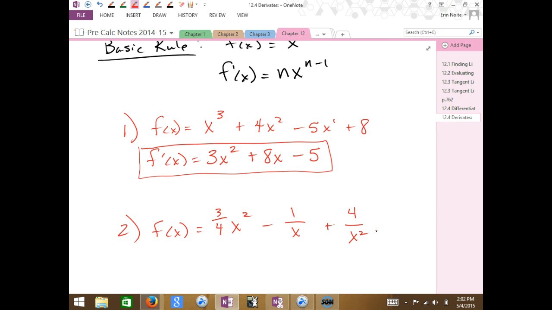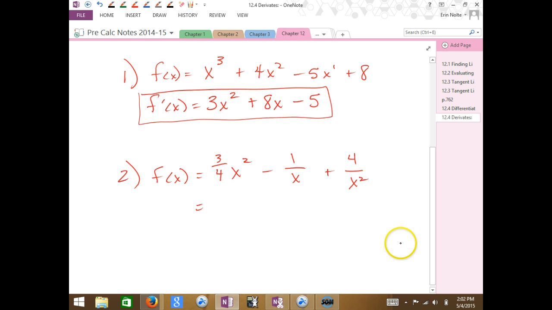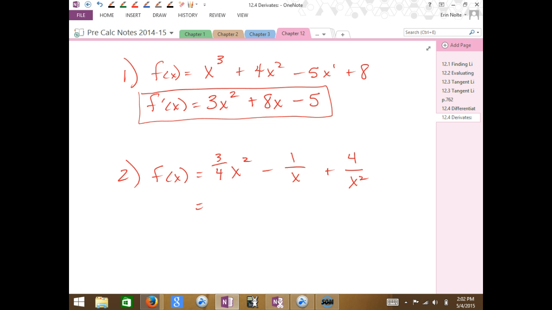So the first thing I have to do is rewrite this. It becomes 3/4 x squared. That one doesn't change. But if I have 1 over x, how do I take the x out of the denominator?